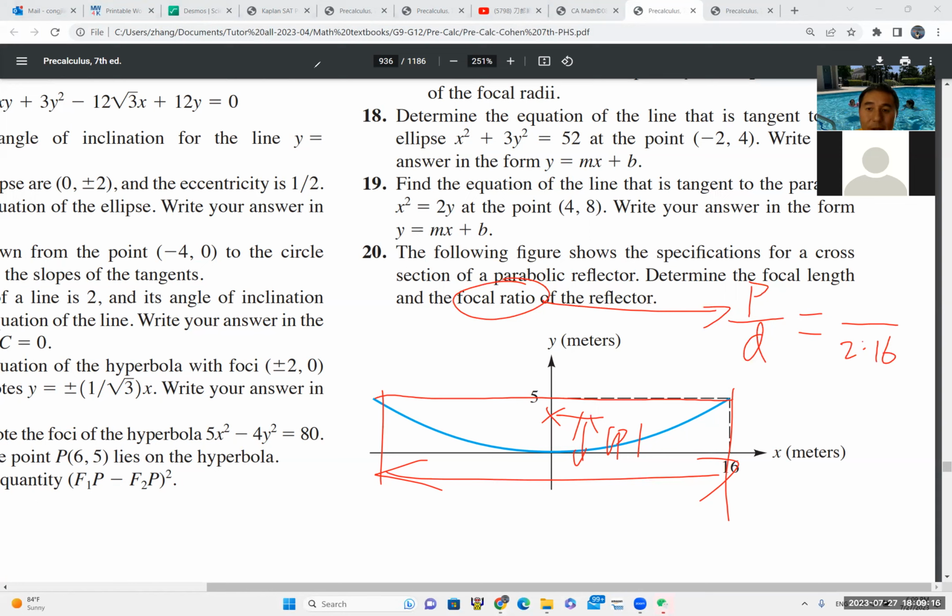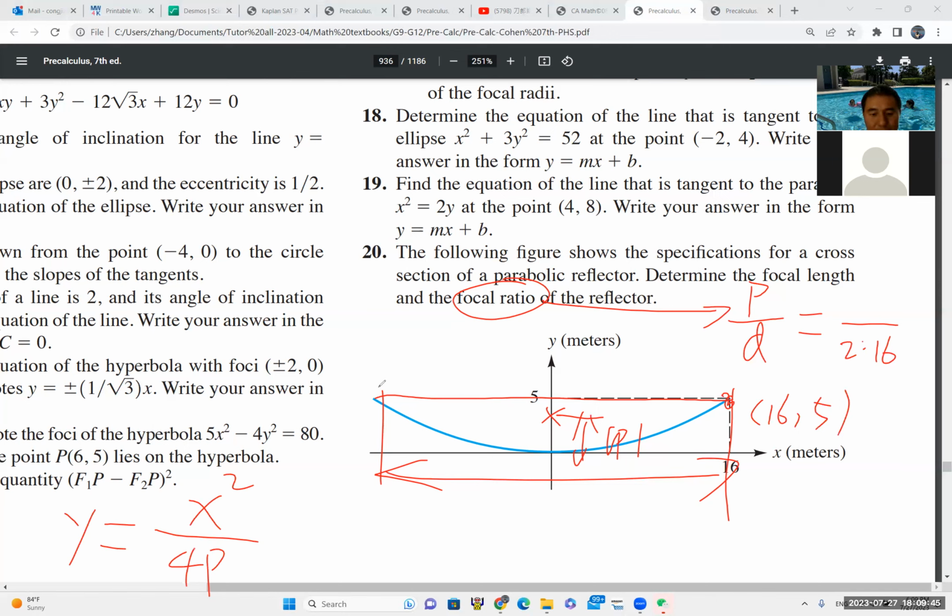The equation for this can be written as y equals x squared over 4p, because the vertex is at the origin and it opens up. Then we know a point on this graph: when x is 16, y is 5.